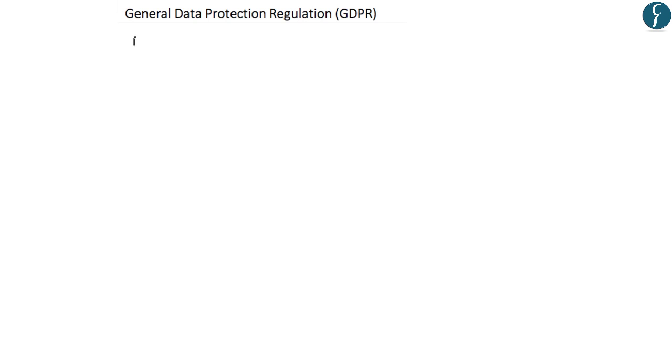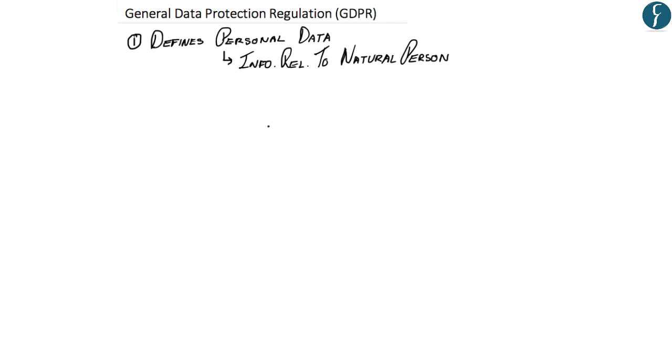Now, the first important provision is that it defines personal data, wherein personal data means any information relating to an identified or identifiable natural person in terms of name, identification number, location, or any other factors in relation to physical, physiological, genetic, mental, economic, cultural, or social identity of this person.